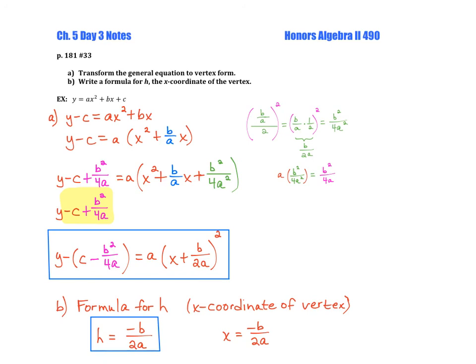Okay, so believe it or not, we are finally done. We have transformed this general equation up here to vertex form. Again, very abstract equation, very abstract version of the vertex form, but we've done it nonetheless. And I always say if you're able to do that, you have a very, very good handle on completing the square.